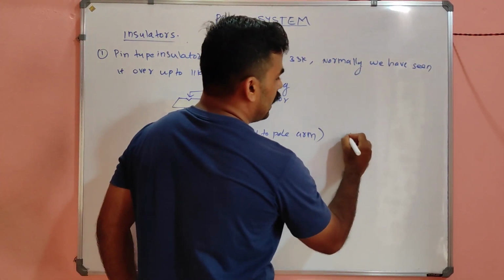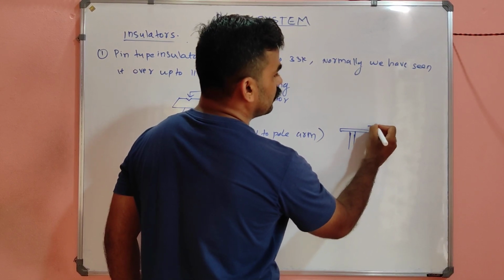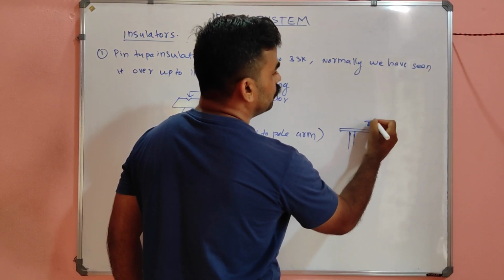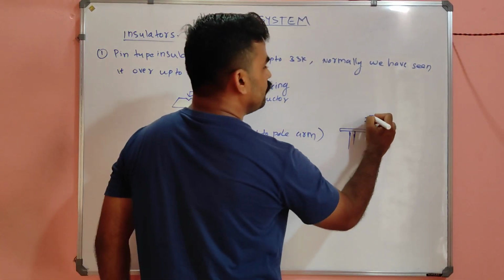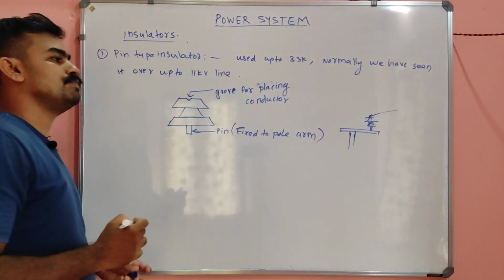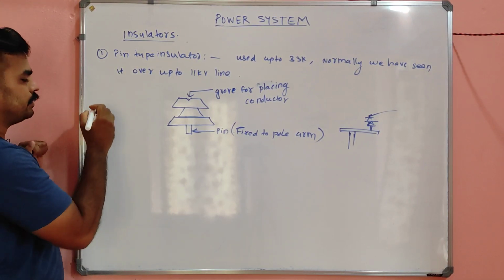This is the pole and this is the arm, right? So that pin will be fixed here. That is the structure of the pin type insulator, over which we carry the line. So that's all about the pin type insulator.